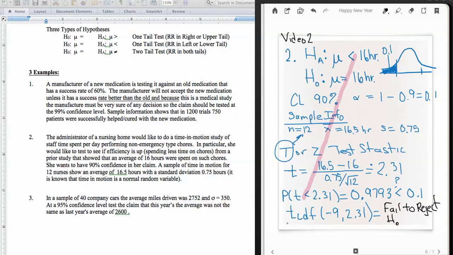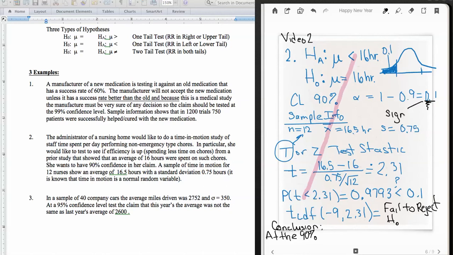But then there is the conclusion that I would write, and the conclusion that I would write personally is going to state three main things. I'm going to say at the 90% confidence level, or if you want to state it in a different way, you can state this as a significance level.